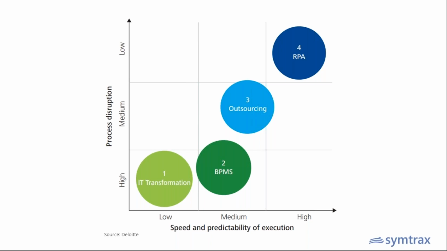Because of that, it is easy to predict how fast and how predictable things will be, and what the outcome of this adoption is. And this is where Simtrax, or Compleo, stands. We focus on digital transformation and process automation, but we don't disrupt your processes.